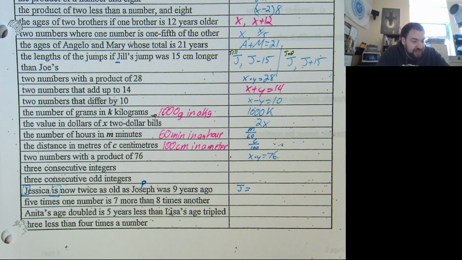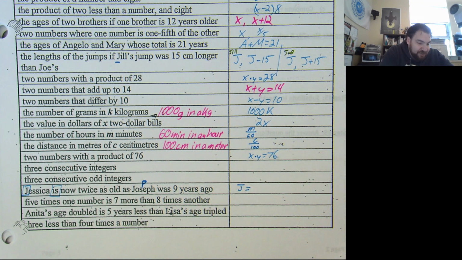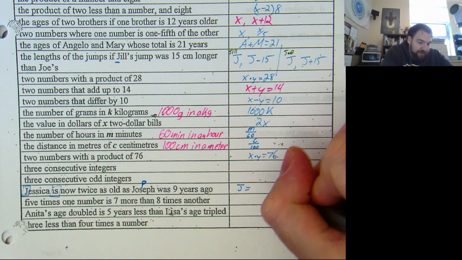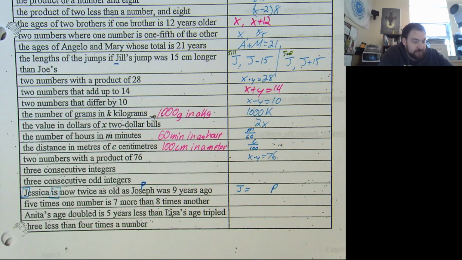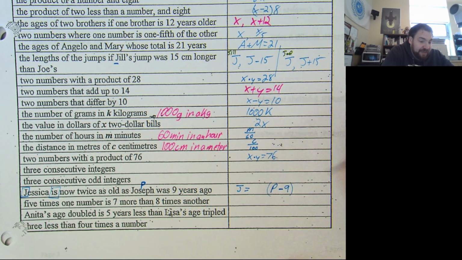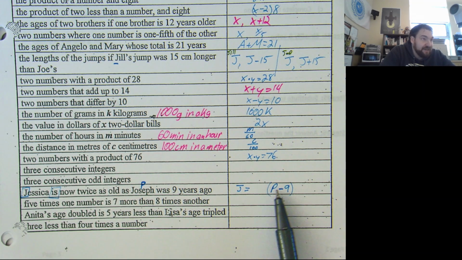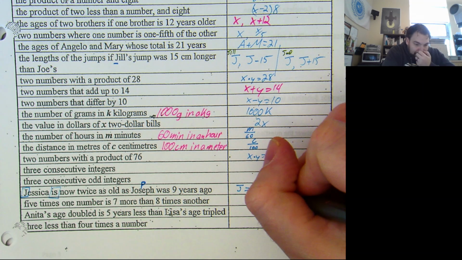So Jessica's age equals twice as old as Joseph was 9 years ago. So we're going to take Joseph's age P, and what are we going to do with it? We're going to take away 9 and do what with that? Well, she's twice as old as he was 9 years ago. We're going to double it.